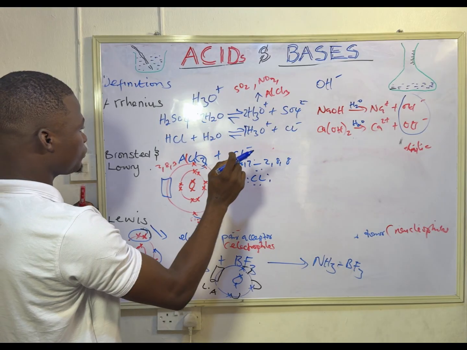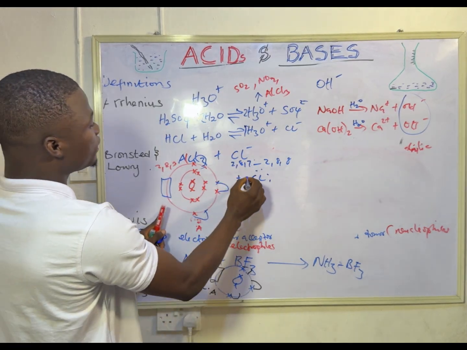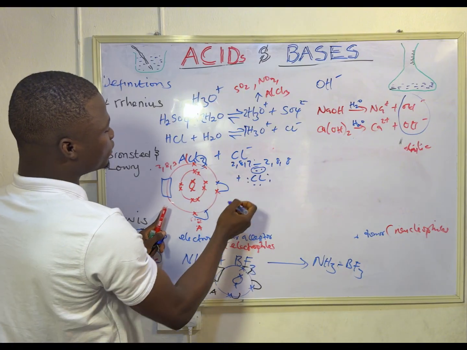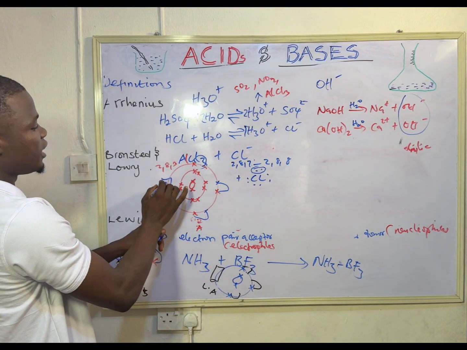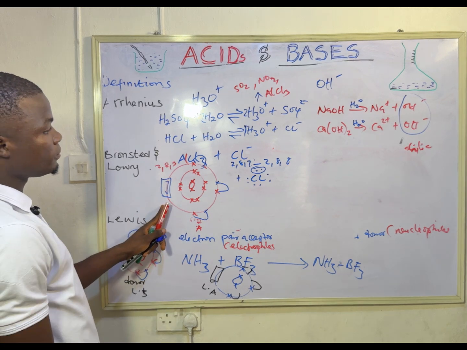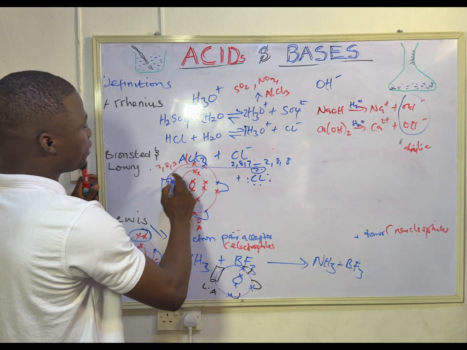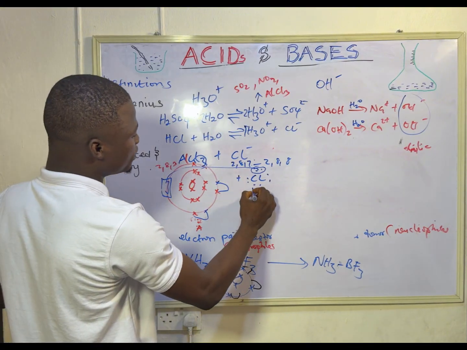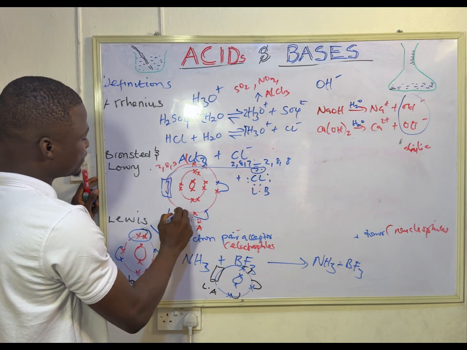So this is AlCl2. Then one of these lone pairs of electrons on this chloride ion will be transferred to this empty electron space there. So now this is the donor. This will be the Lewis base, while this is the acceptor. This will be the Lewis acid.